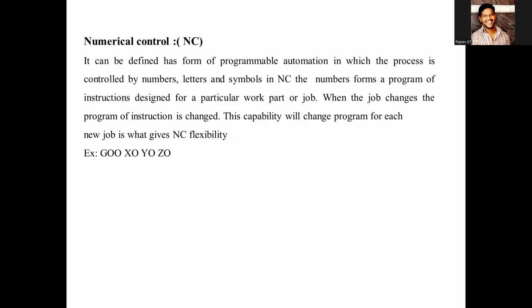In NC, the numbers form the program instructions designed for a particular work or job. For example, if you want to give any instruction using a numerical control system, we provide an input with the help of G codes, M codes, and XYZ coordinates. This is called a numerical control system.